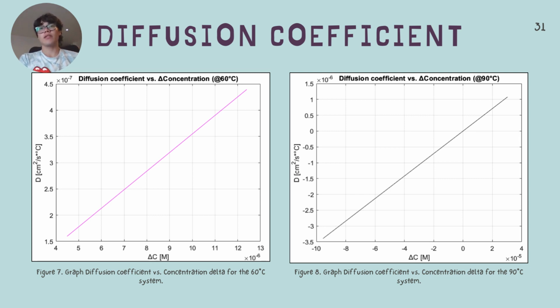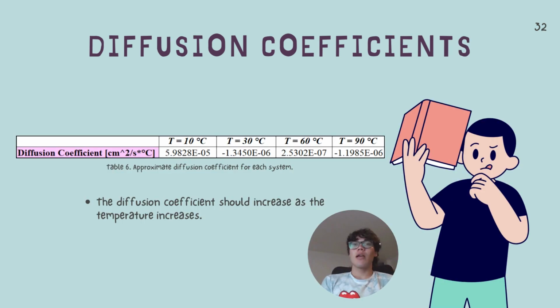We can conclude from this linear tendency that in fact the diffusion coefficient increases as the delta in concentration increases too. But we can see in these graphs, and also in the ones that were presented before, that there are some values in the negative space, but this is something that we're going to analyze later in the video.